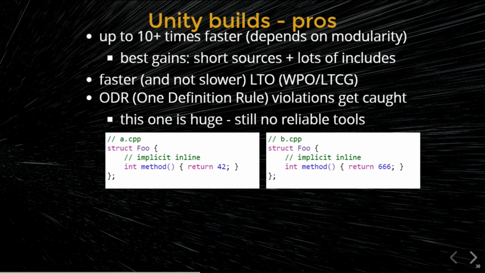The linker will remove at the end one of these 2 methods, and the program will use only the other one, which is left. And this is not apparent, this is a bug, this is a violation of the one definition rule. And Unity builds are the best and maybe only really reliable tool of catching such ODR violations.